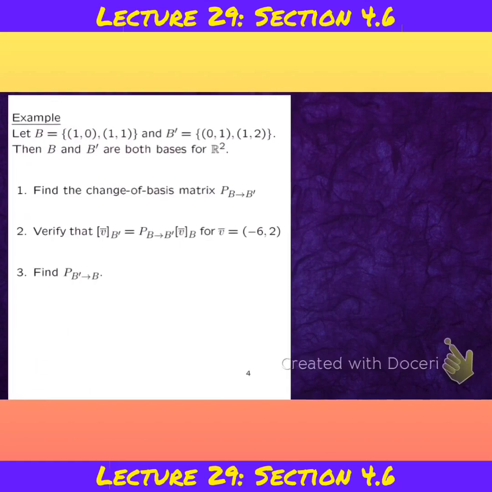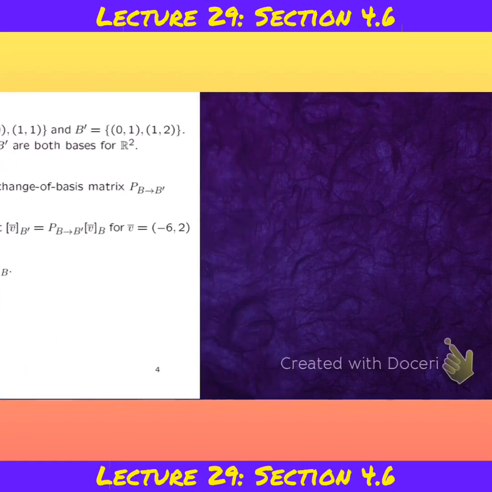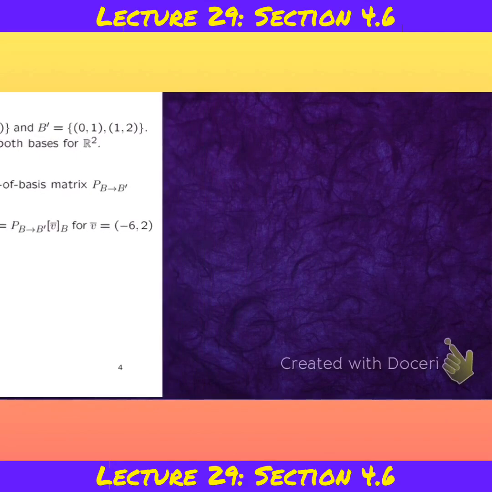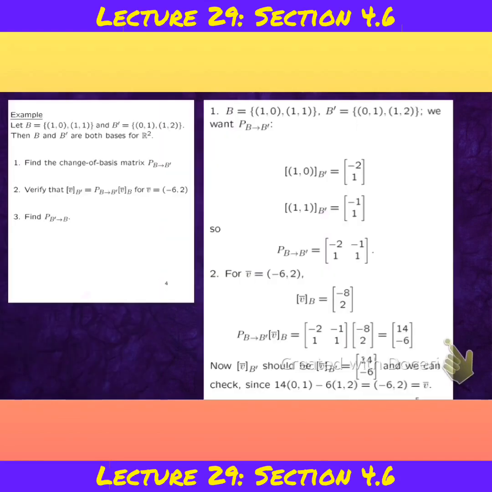Right, so there we've got our first question that we need to solve. So let's look at the solution. Right, so remember now we want to find that matrix. So what's the old basis? The old basis is B and the new basis is B prime.